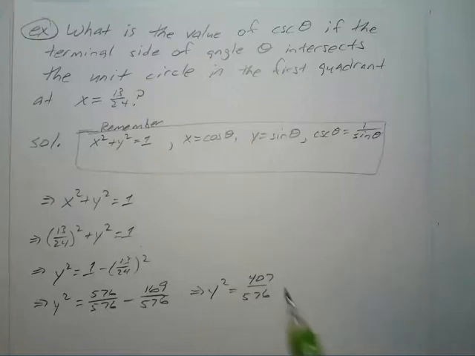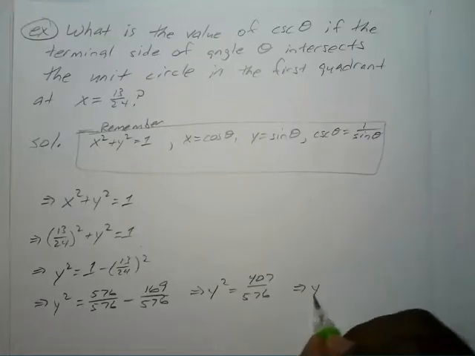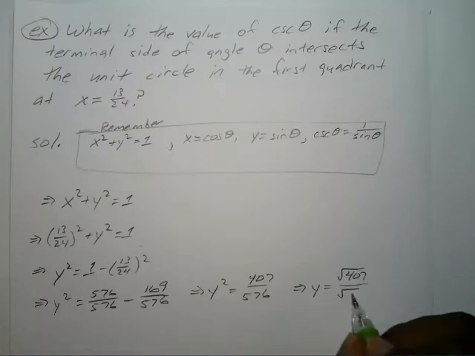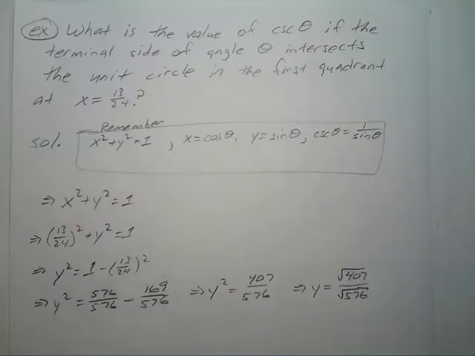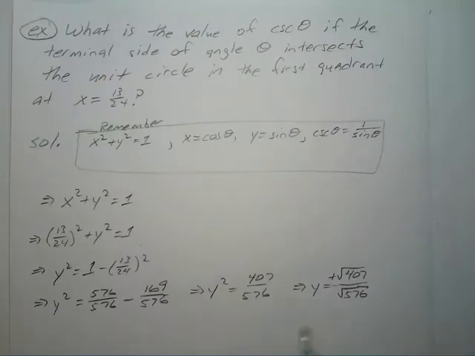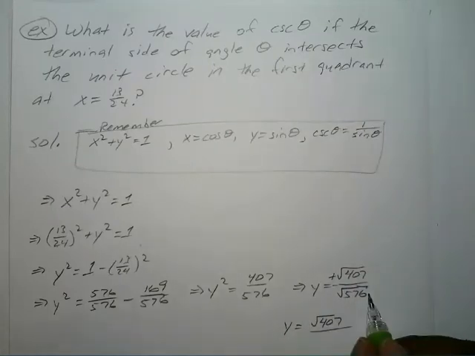Okay, so if we square root both sides, it means y is equal to the square root of 407 over the square root of 576. Nope, plus or minus. Okay, so y is equal to, because it's in quadrant 1, the first quadrant, we know it's going to be positive. So it's going to be positive square root of 407 over the square root of 576, which is 24.